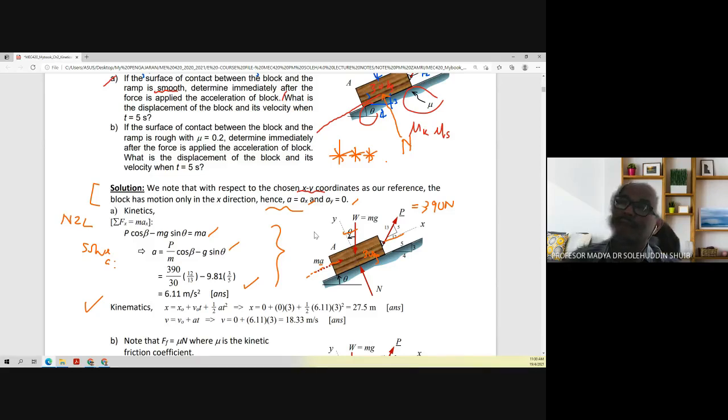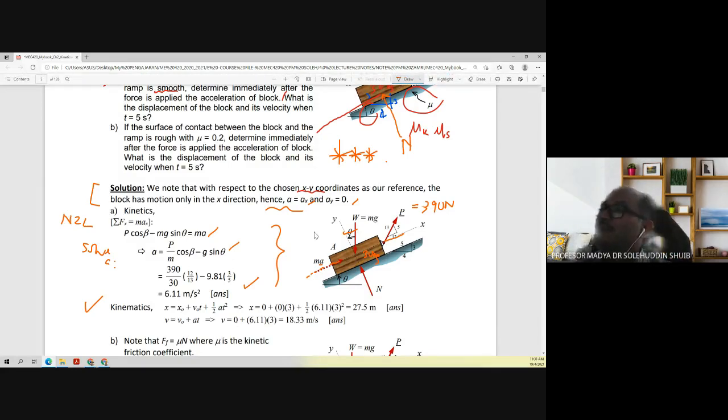When we solve this kind of problem, do not isolate yourself, thinking this is kinetics. It is like a building block. You need to use your previous knowledge from kinematics. This is constant acceleration, so you can find the value of x and v.